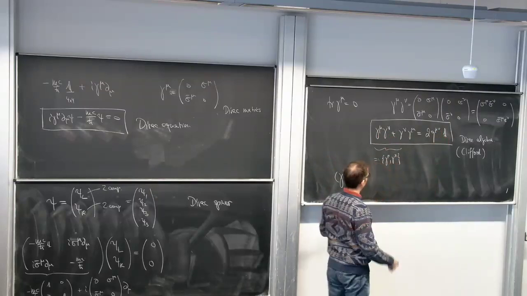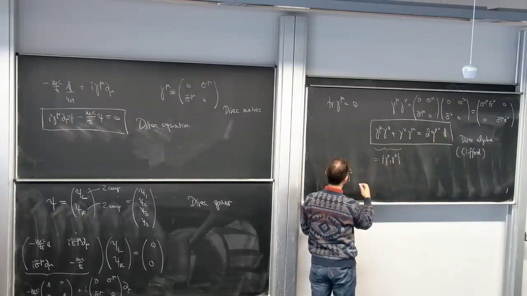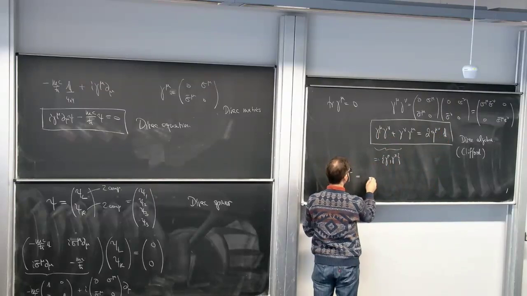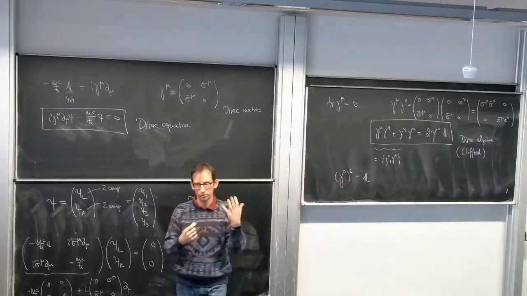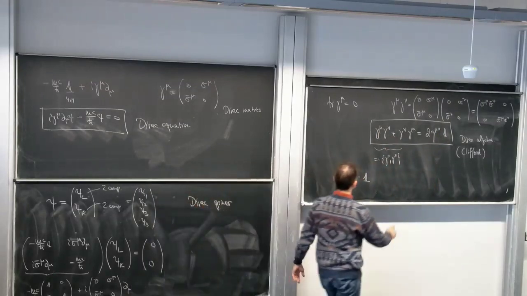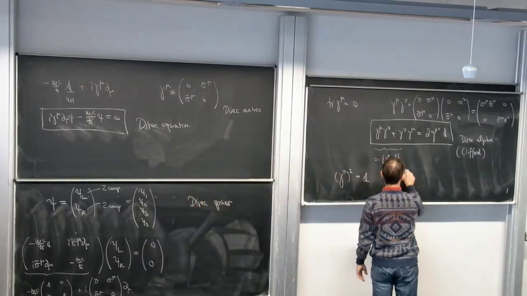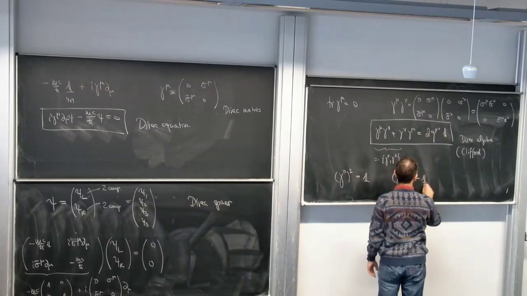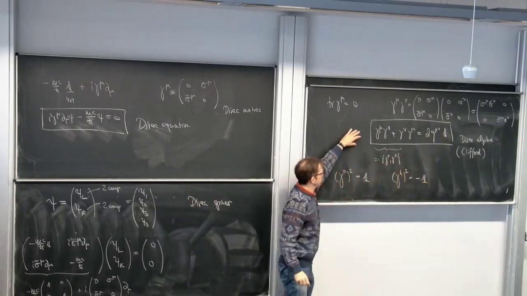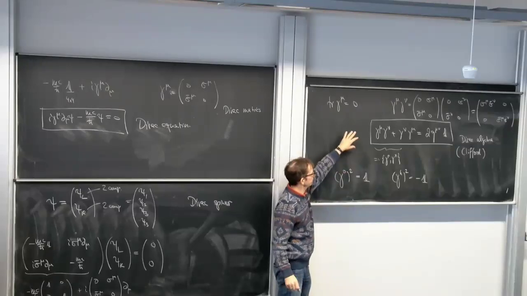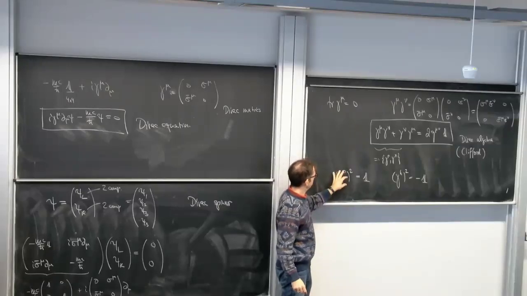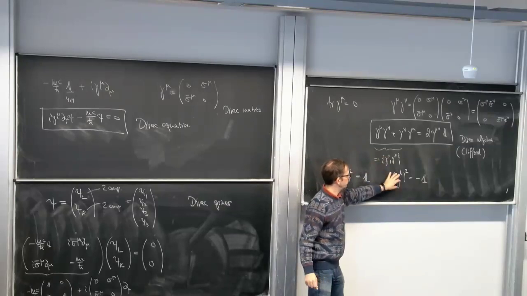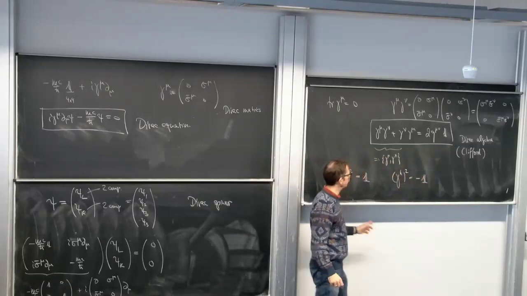Eta 0 0 has in our convention a plus sign, so then we have 2 identity matrices, canceling 2, so gamma 0 squares to 1. For any other index, the metric is negative, so they square to minus 1. This is one thing your Clifford algebra tells you: gamma 0 squares to 1, spatial ones square to -1.